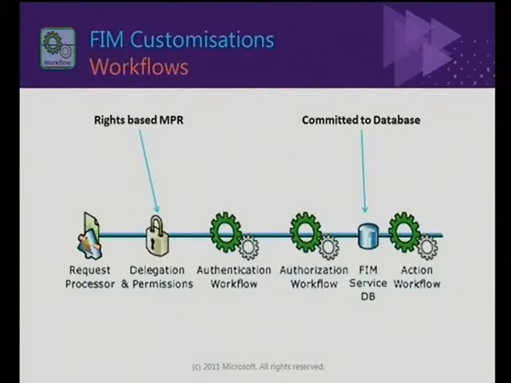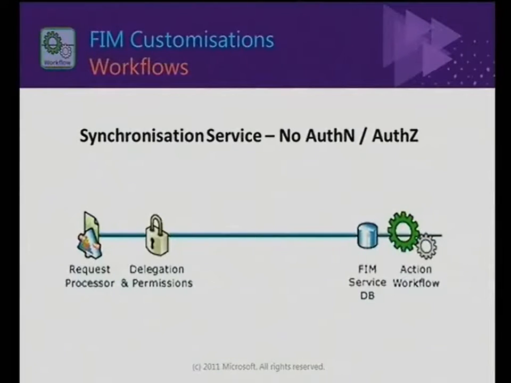You've got your rights-based MPR at the start of that workflow as well. Another interesting point is that when you're running requests through the FIM synchronization service, the FIM synchronization service user bypasses your authentication and authorization workflows. So you can't approve modifications of things like your email address coming through the synchronization service.